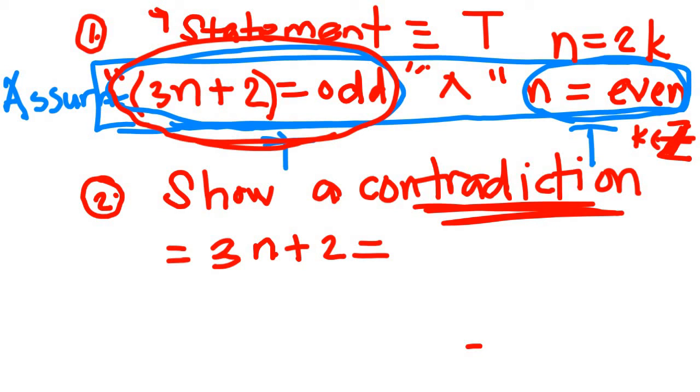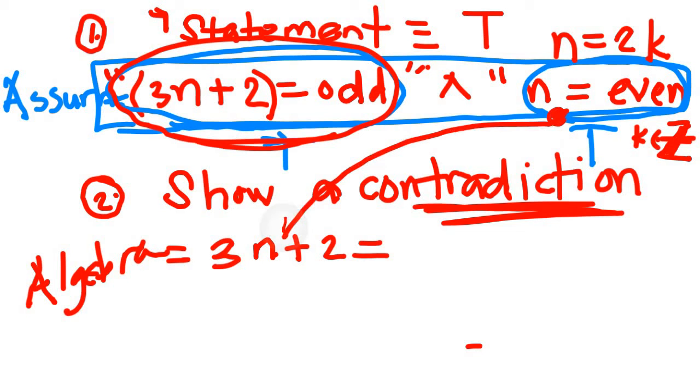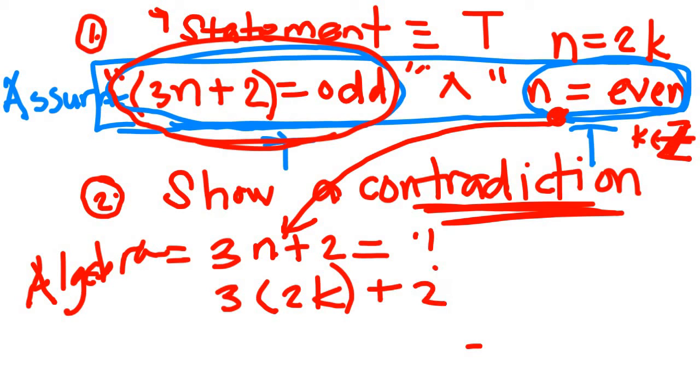Using algebra, we substitute the other assumption into the first: 3 times 2k plus 2. Factoring out 2, you get 2 times (3k + 1).